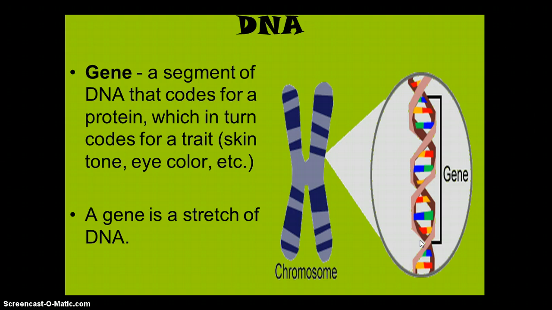And these proteins are what make up that skin color or that eye color. We actually have a protein called melanin, and that is what makes up our skin tone, okay? And this gene right here could very well be the gene that codes for melanin. A gene is a stretch of DNA.